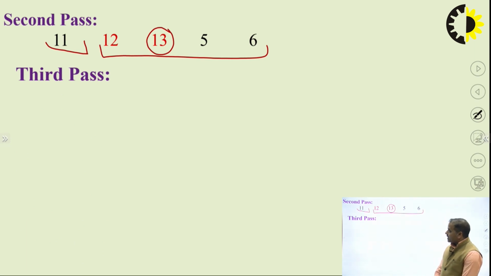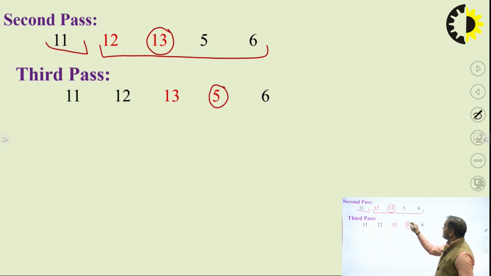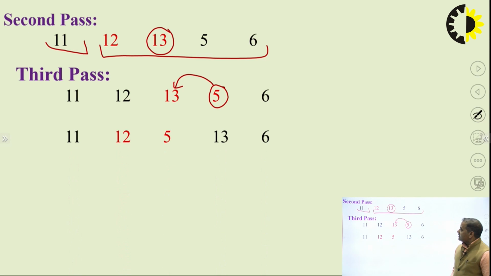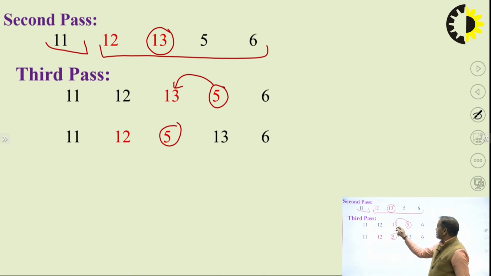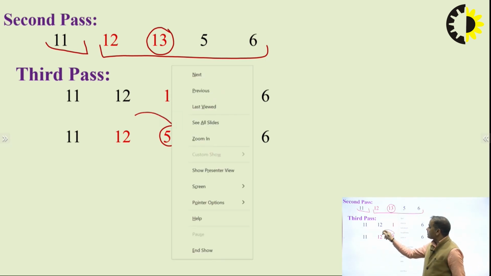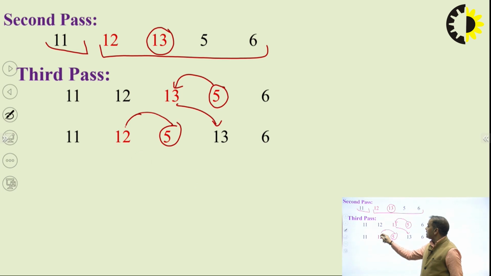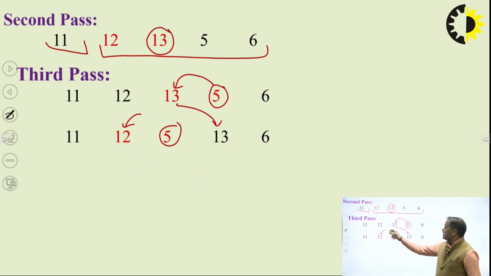Now the third pass. In the third pass, we take 5 as the key element and compare with 13. 5 is less than 13. We have to swap 5 with 13. The next sequence is like this: 5 comes here and 13 goes here. Now 5 is the key element. 5 is compared with 12, and 12 is also greater than 5.